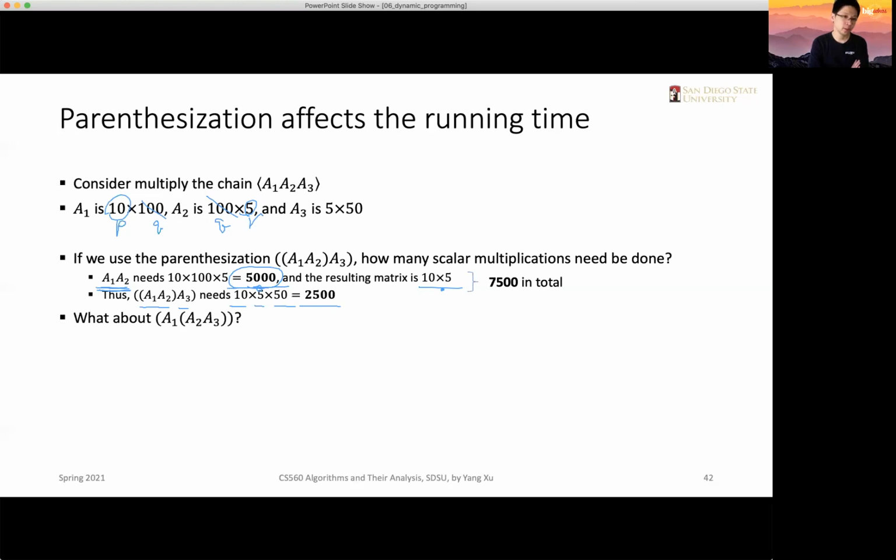What if we compute A2 times A3 first? When we compute A2 times A3, it's actually already a lot, right?